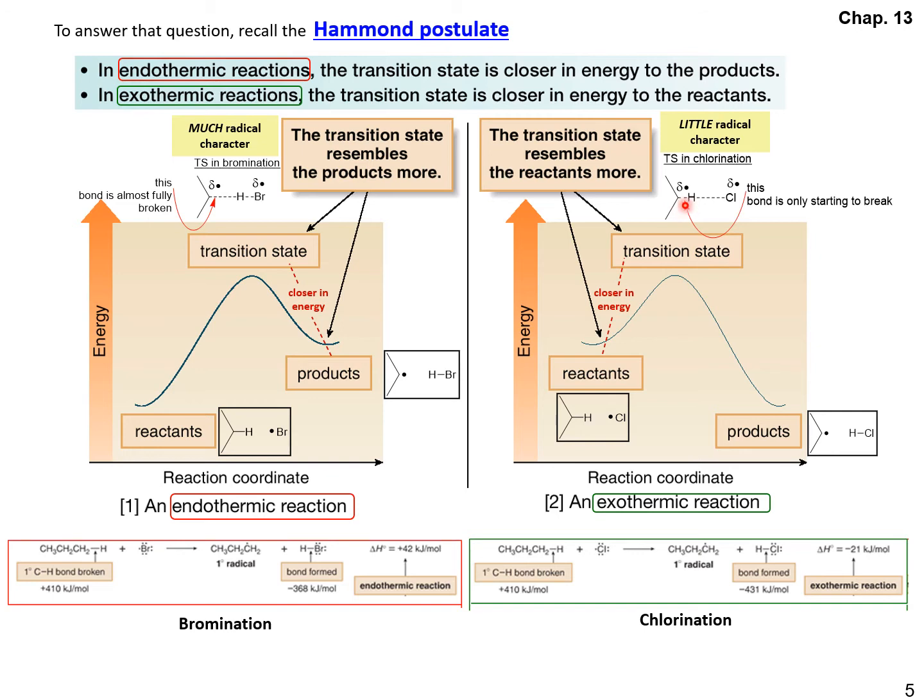So the bond is not very much broken, and there's not a lot of radical character for free radical chlorination in the formation of the radical. And so both of these steps, the formation of the radical, are the slow steps in the free radical halogenation.